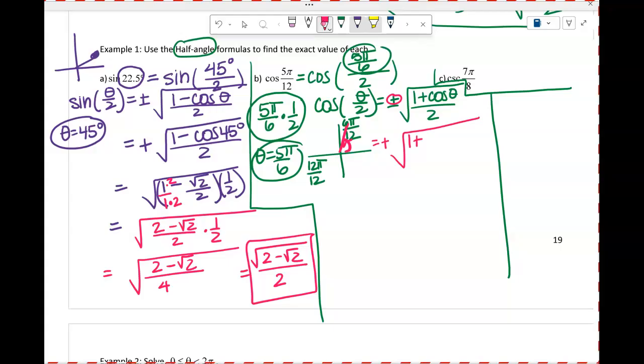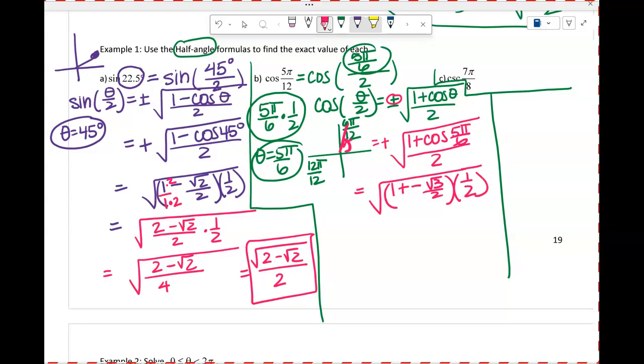1 plus cosine, remember theta is 5 pi over 6, divided by 2. So 1 plus, what's cosine of 5 pi over 6? Remember, 5 pi over 6 is in quadrant number 2. In quadrant 2, cosine is negative, and it's a multiple of pi over 6. Cosine of pi over 6 is radical 3 over 2, but we're in quadrant 2, so it's negative radical 3 over 2. Now remember, dividing by 2 is multiplying by a half.